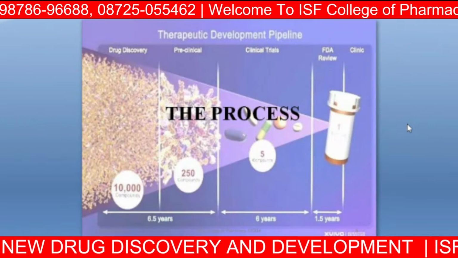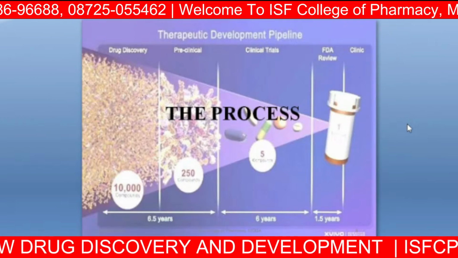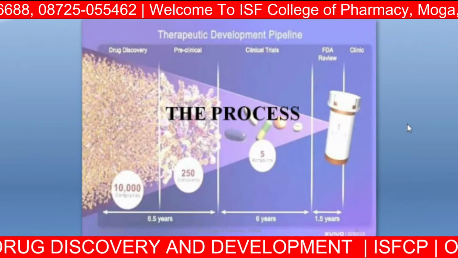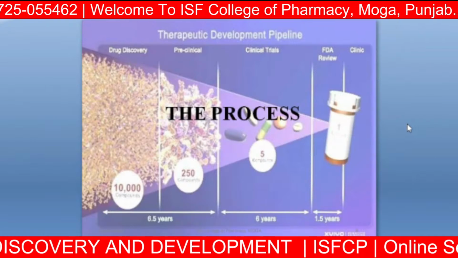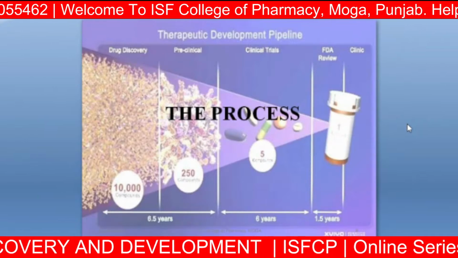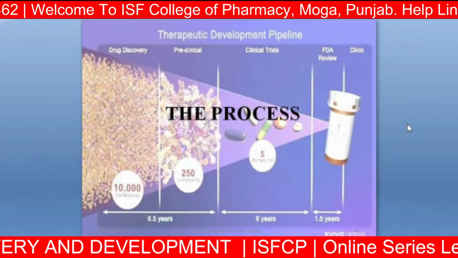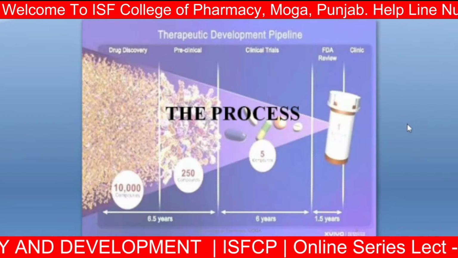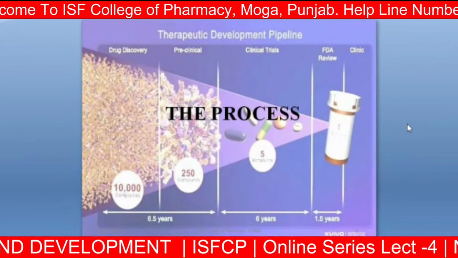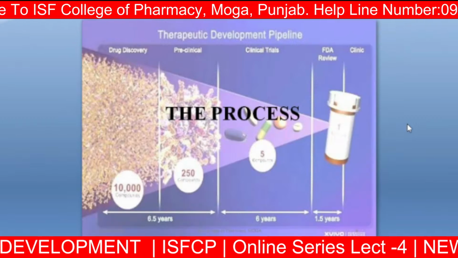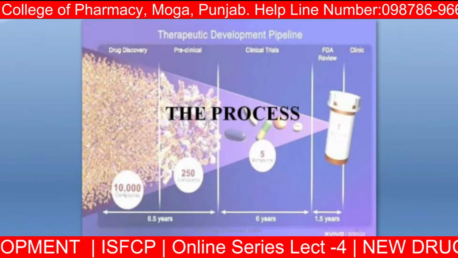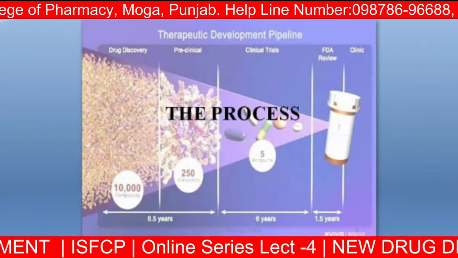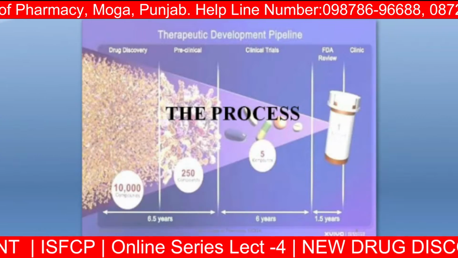When we proceed to preclinical, only 250 compounds might be there for the next stages. In the clinical trials, only five, and in the FDA, only one among them might be able to complete all the requirements and parameters given by the government for the management of disease. That's why the process is very lengthy and also involves a large amount of money.